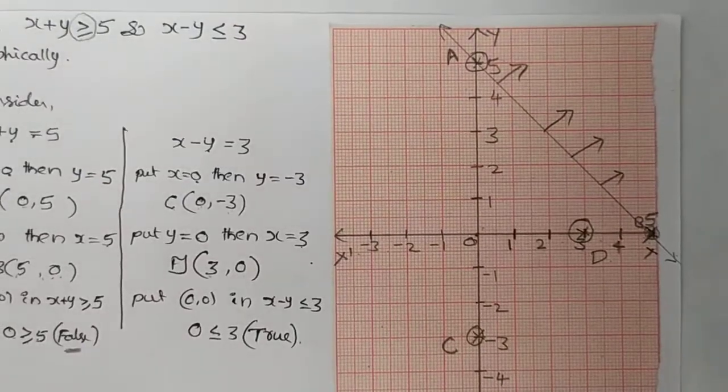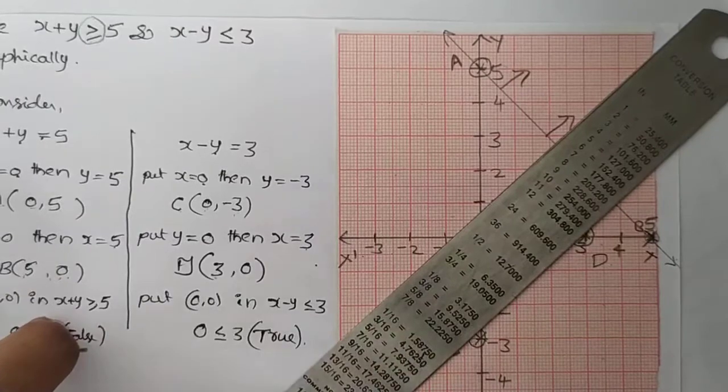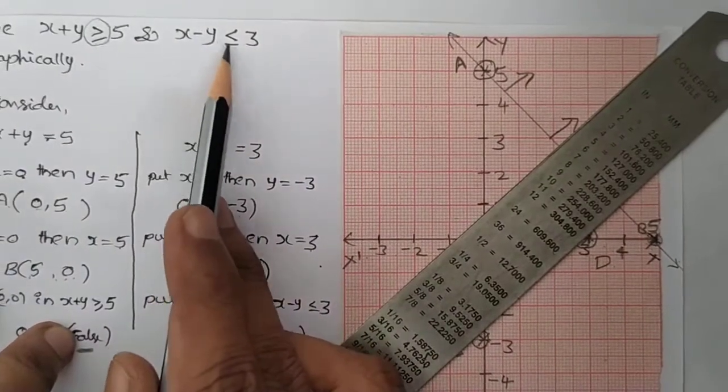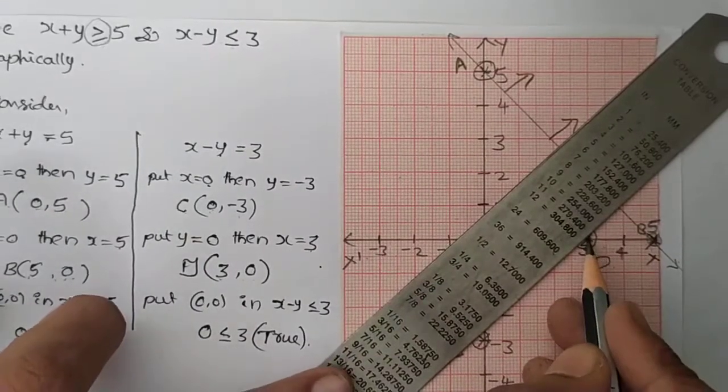Now join these 2 points by the thick line, because the inequality here also involves less than or equal, so we have to join these 2 points by the thick line.